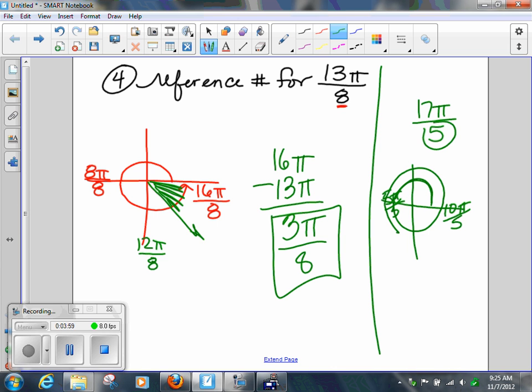That's 5, 10, 15, 17. What's the shortest way? You said 15, my bad. Yeah, 17 pi minus 15 pi, which is 3 pi over 5. The closest multiple of 2 pi, right? It has to do with fractions. And if you need it, that's why I show you this way.